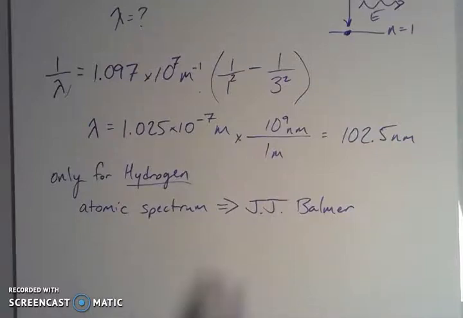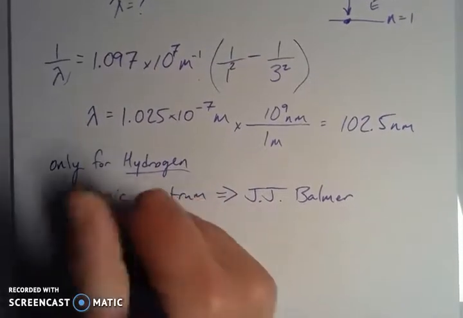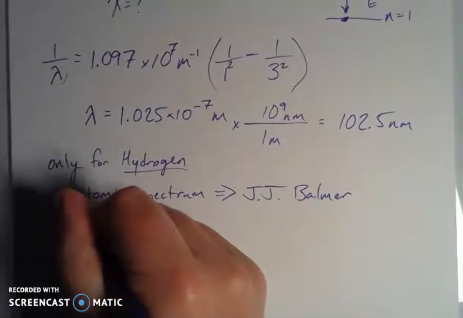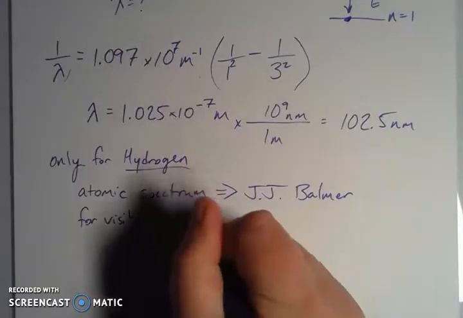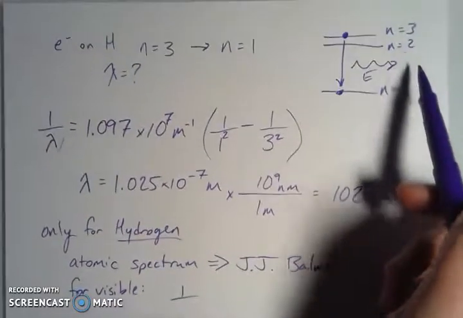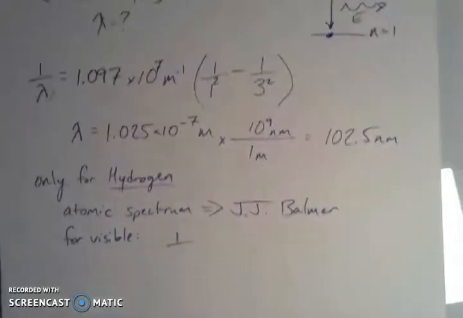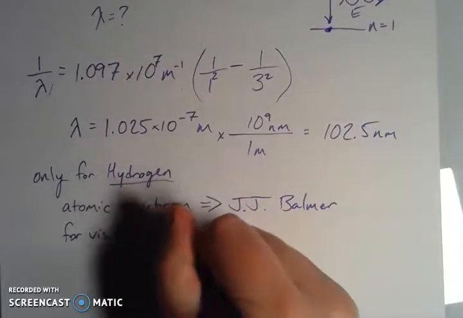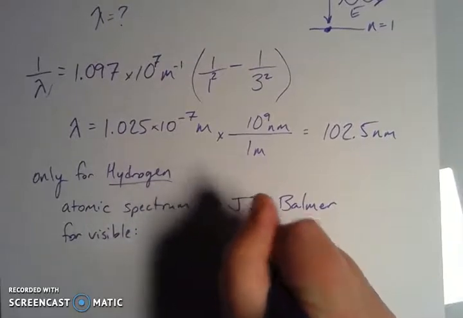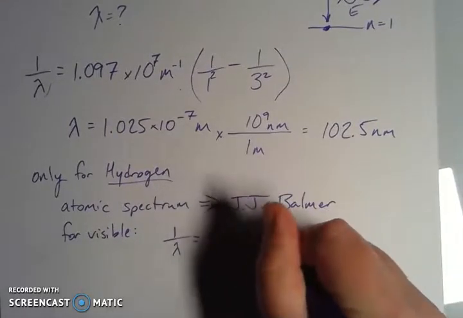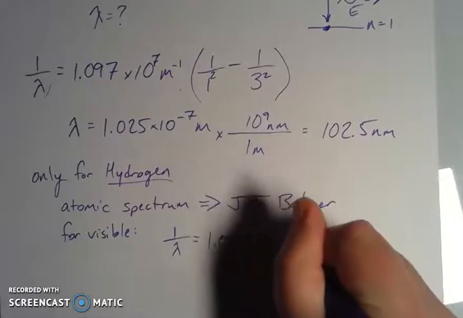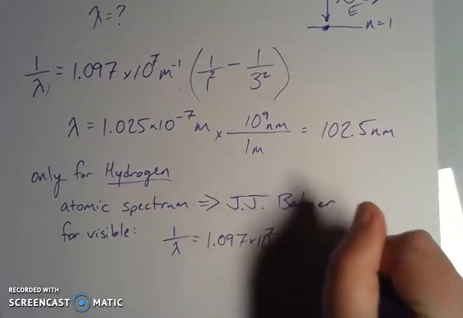So this is the rainbow spectrum of visible light. And he said, I can figure out all of the visible light by plugging in my values that go down to the second energy level. So if I'm thinking about just this one, this one's really important for visible light. So 1 over my wavelength is equal to my constant here times meters to the negative 1.